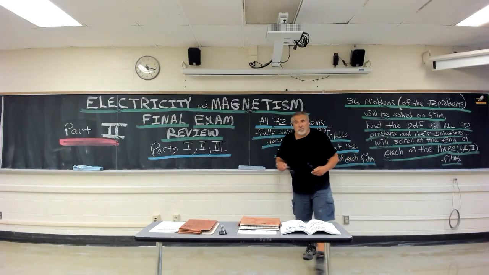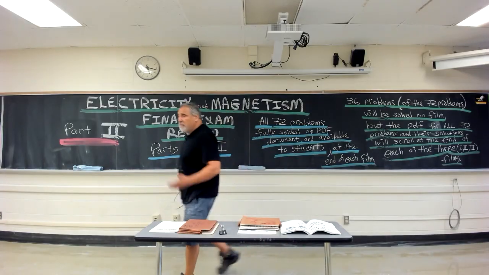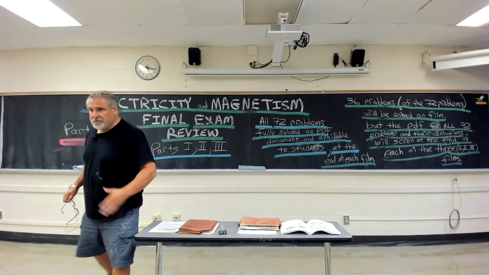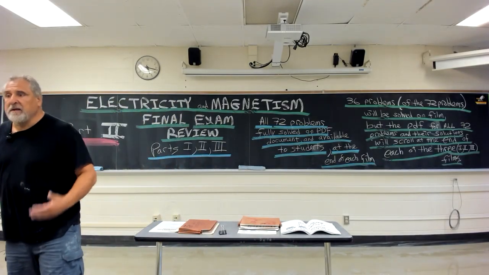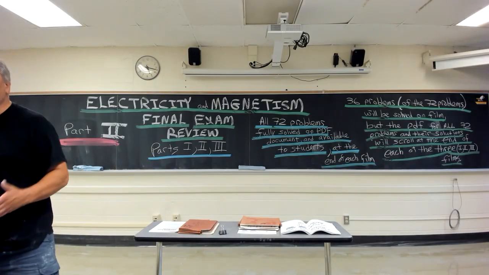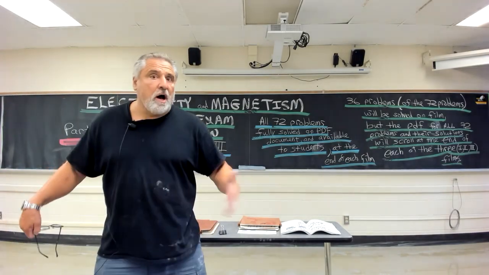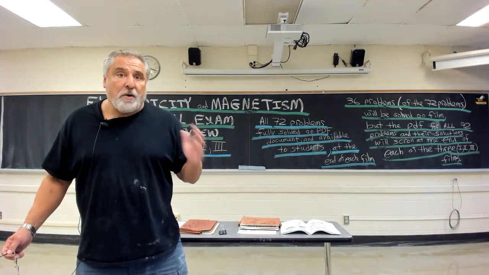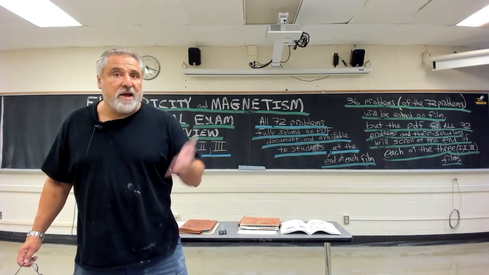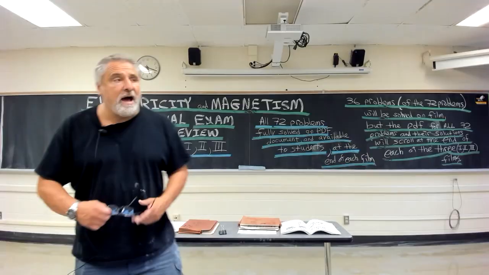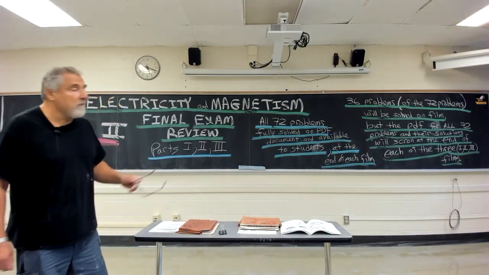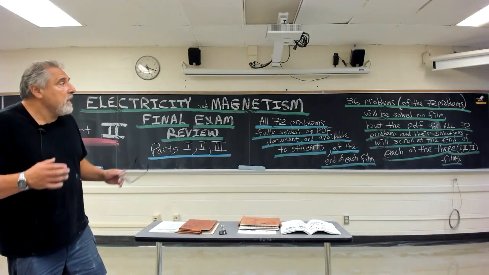So all 72 solutions for the entire practice exam will be scrolling in front of you at the end of each part of the review for the practice final exam.